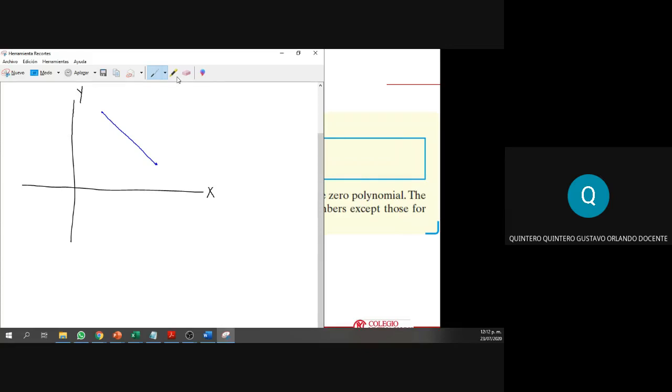Now, how do we recognize the domain? Let's talk about what the domain is first. A domain is just a set of numbers, un conjunto de números. That is what a domain is. Just like any set, we can write it like this.